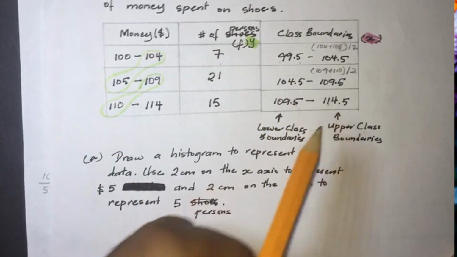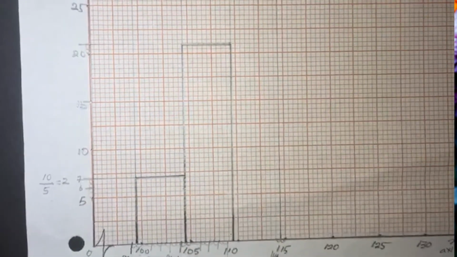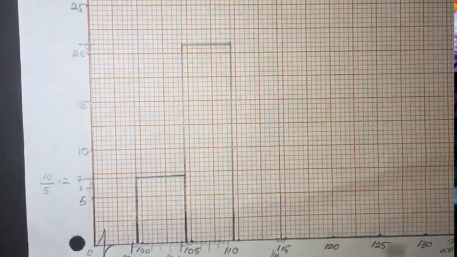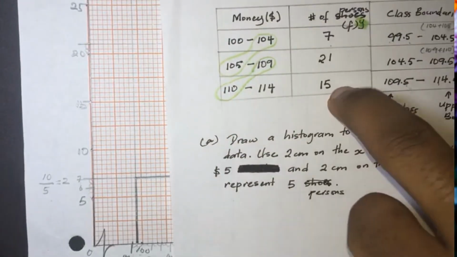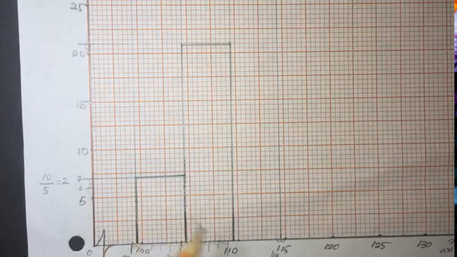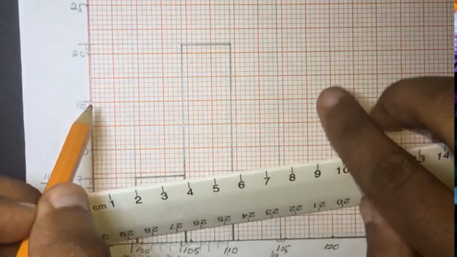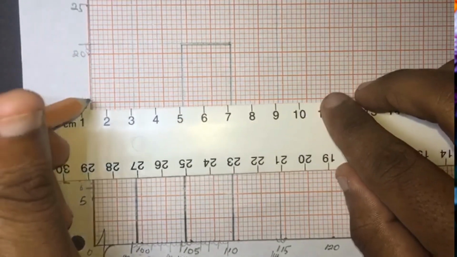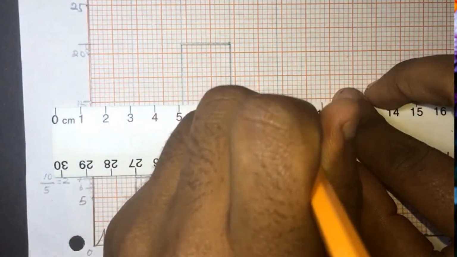109.5 to 114.5. So it's this one, and the frequency for that is 15. So I need to look for 15 on my y-axis. Here it is. And then I'm just going to draw a horizontal line through that point to come across to touch these.